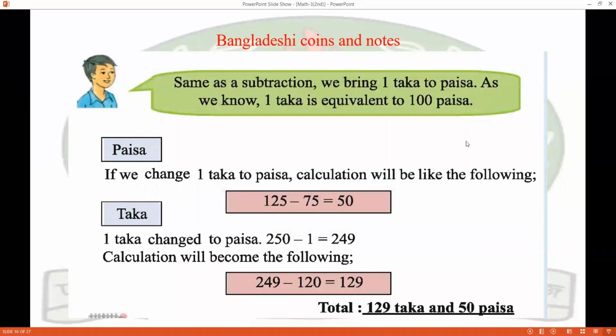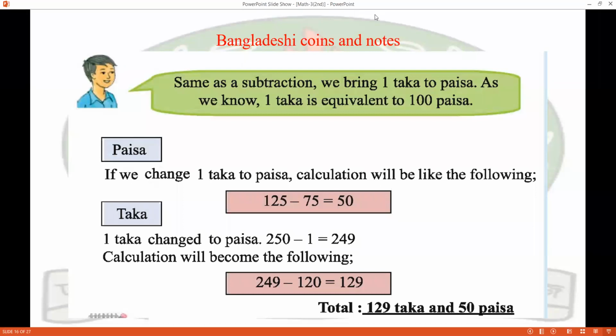There is another math you have to solve in this way, same as the subtraction. We bring 1 taka to paisa, as we know 1 taka is equivalent to 100 paisa. So if you change 1 taka to paisa, the calculation will be as follows. Then you have to change the paisa to taka. Another way, you can add 1 taka with the 120 taka and then subtract.